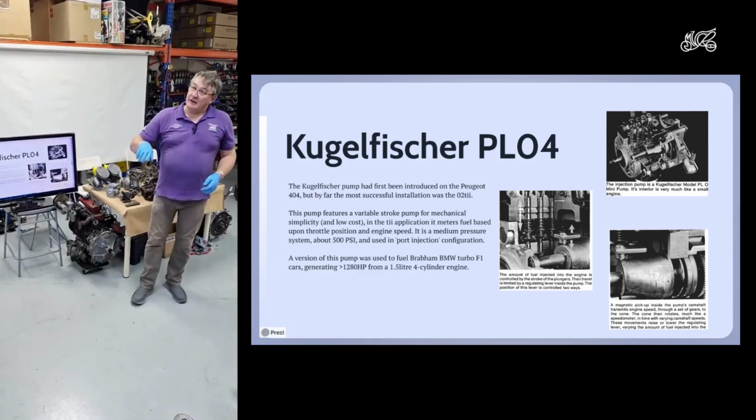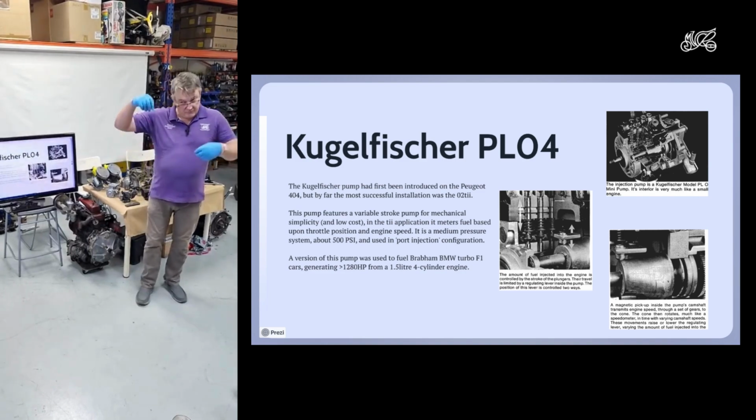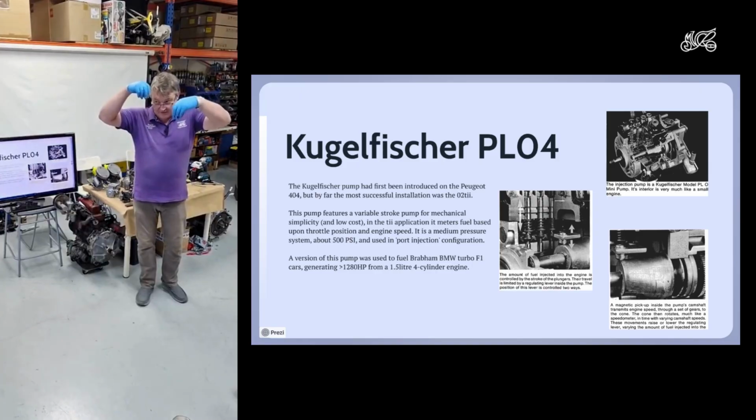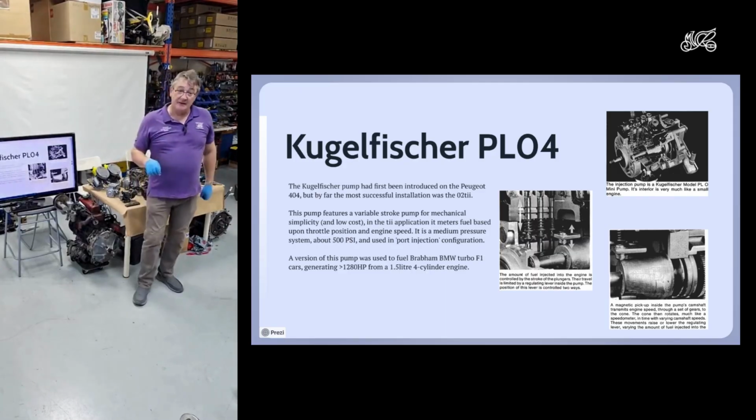So in a normal engine situation with a camshaft, you've got this point of overlap. So you've got a situation where the inlet valve is just opening and the exhaust valve hasn't closed yet, right? It's called overlap.